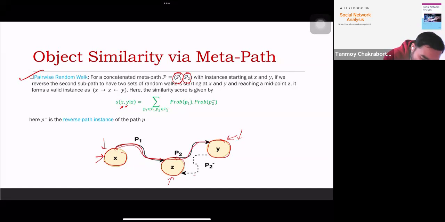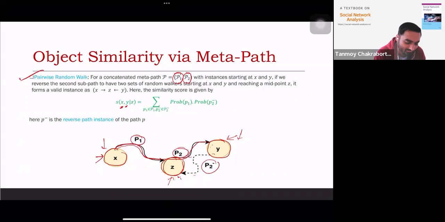So from Z to Y, we basically follow metapath P2. From X to Z, we follow metapath P1. So from Z to Y, following metapath P2 is the same as following metapath P2 inverse from Y to Z.